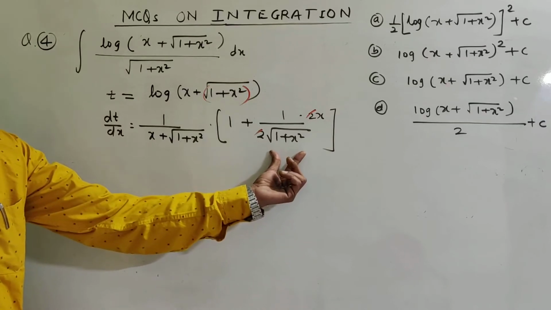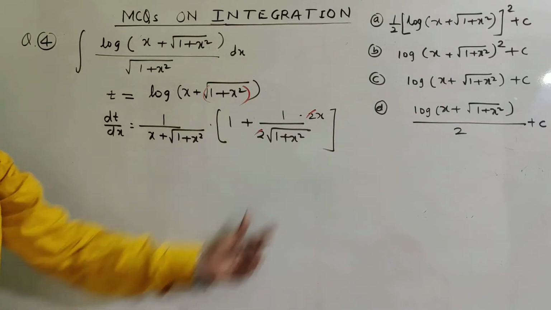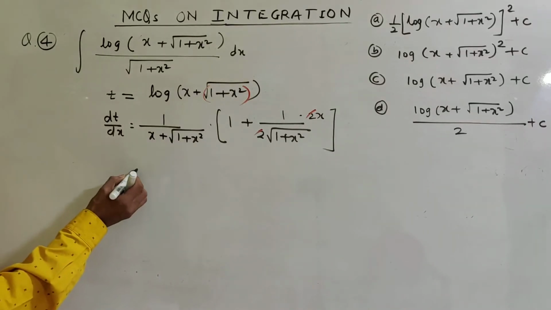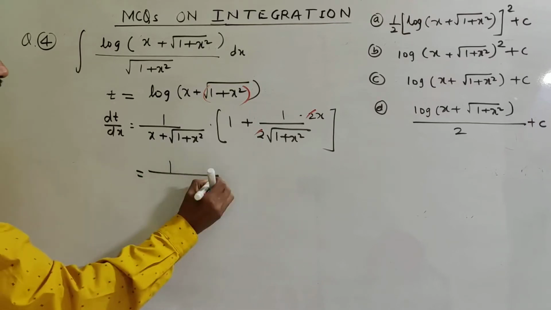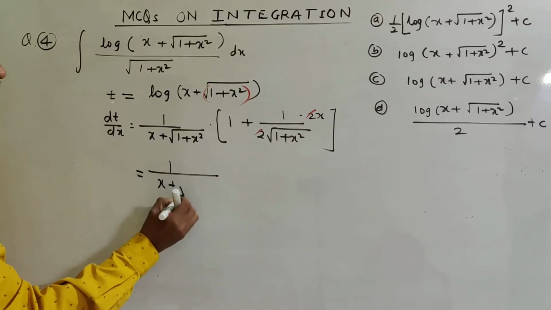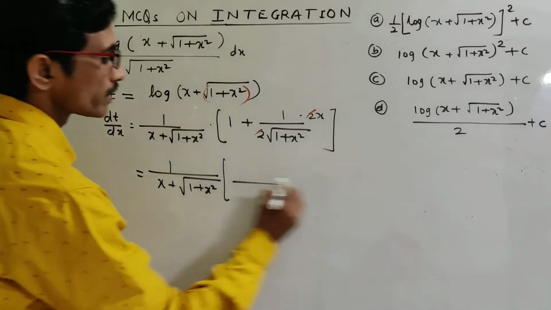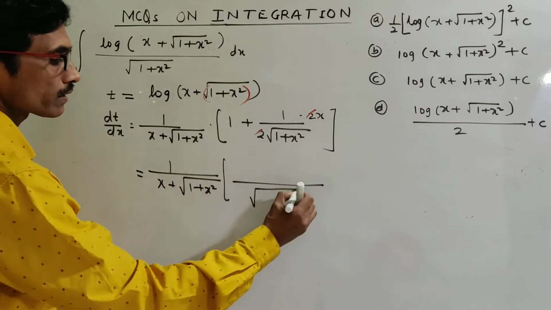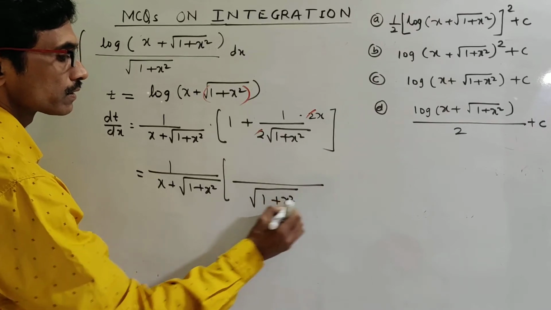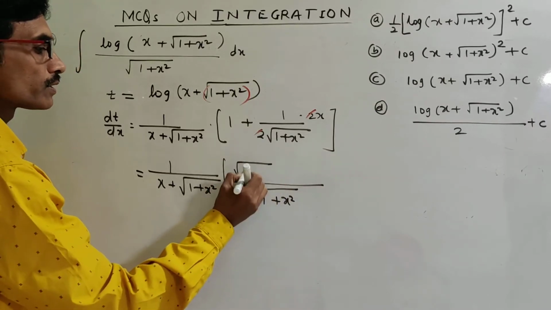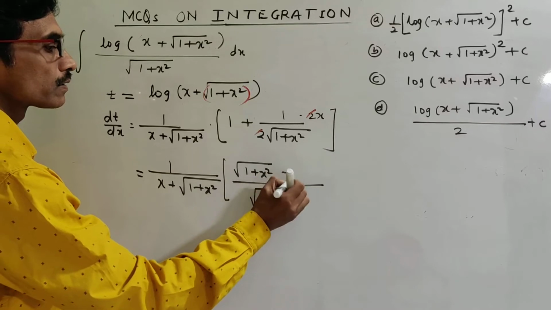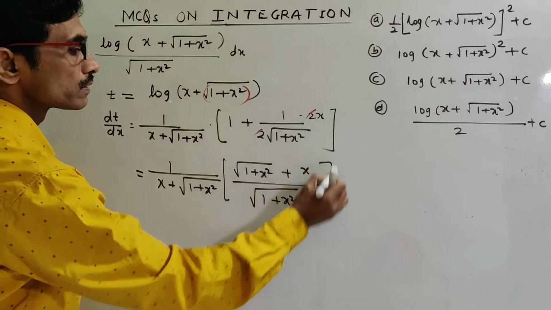Here the LCM of the denominator is root of 1 plus x square, and it is 1 upon x plus root of 1 plus x square, times root of 1 plus x square plus this x.